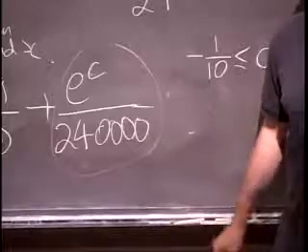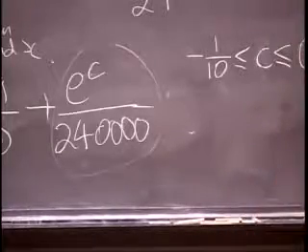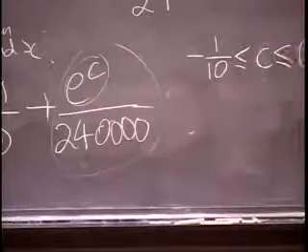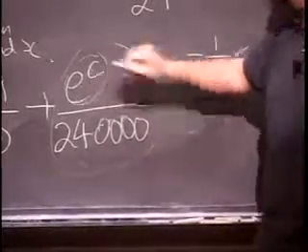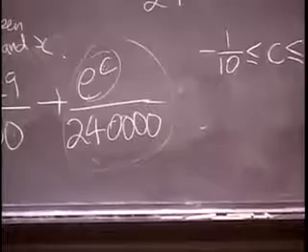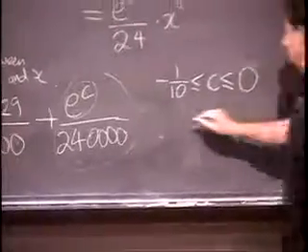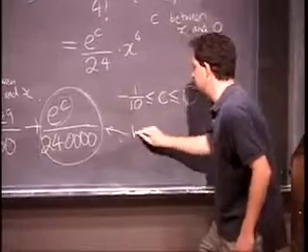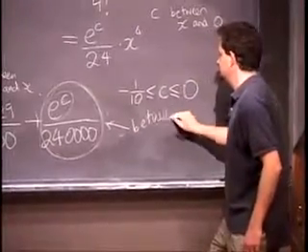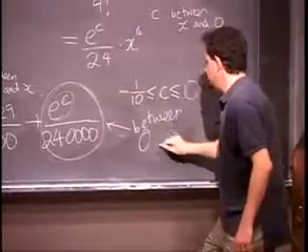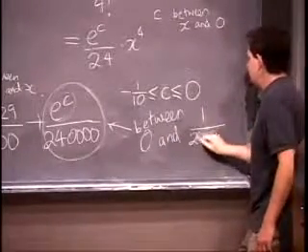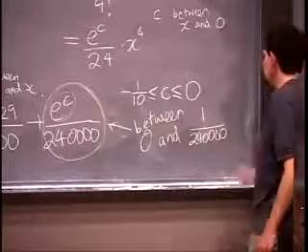The biggest c can be is 0, so the biggest e to the c can be is 1, since e to the c is increasing. So actually, this error is between 0 and 1 over 240,000.